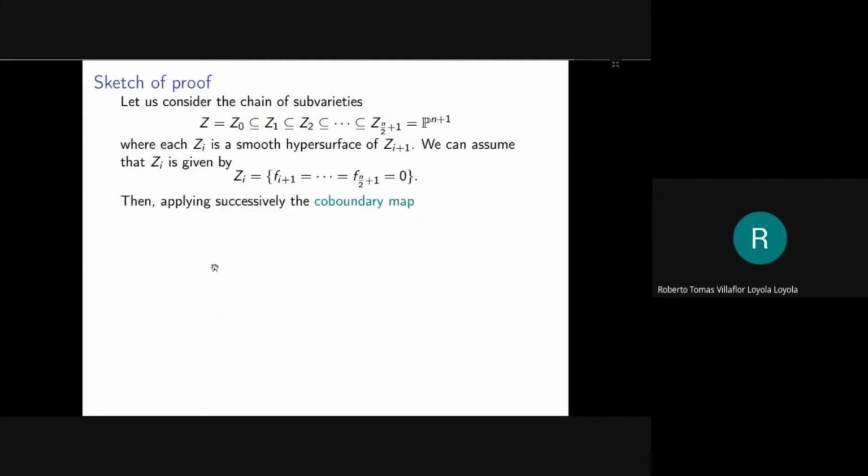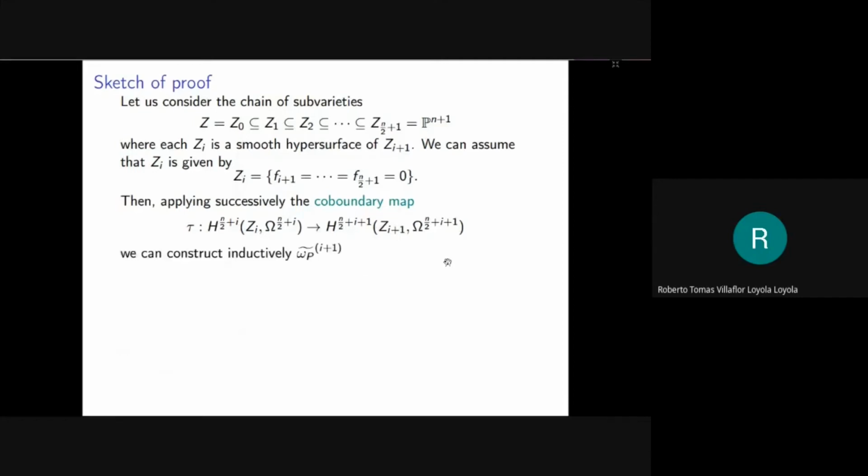Then we are in position of applying successively the co-boundary map, which is just a map relating these two Čech homology groups, right?